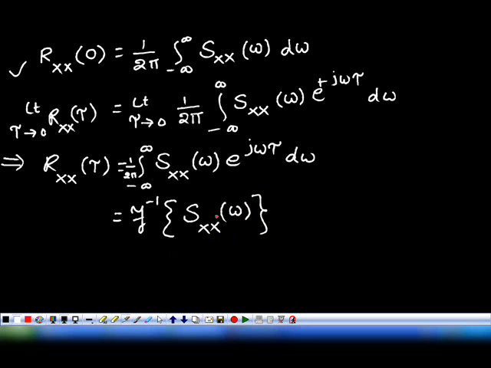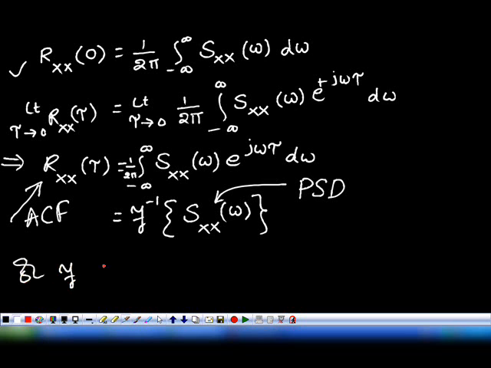That indicates the inverse Fourier transform of power spectral density is equivalent to the autocorrelation function. Or, if you take the Fourier transformation on both sides, the Fourier transform of Rxx of tau will be equivalent to the power spectral density.